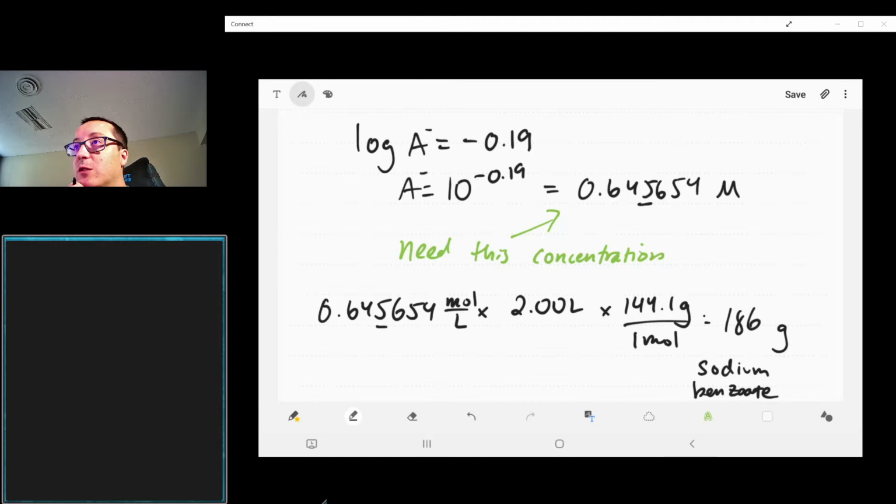And once you have your concentration, you could figure out its mass, depending on your volume. So in this particular one, we ended up with 186 grams. It's quite a bit, but lo and behold, we have made our fancy buffer, and we've made a lot of it. So 2 liters, quite a bit. So cool. Any questions on that one?